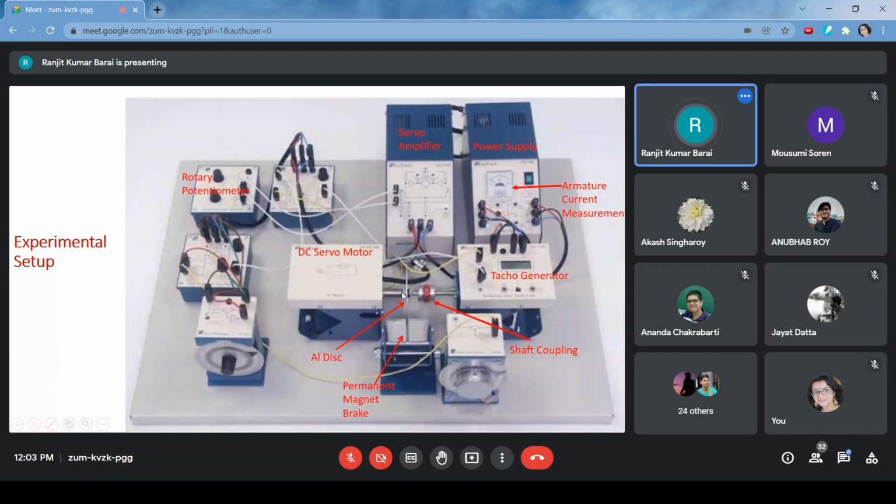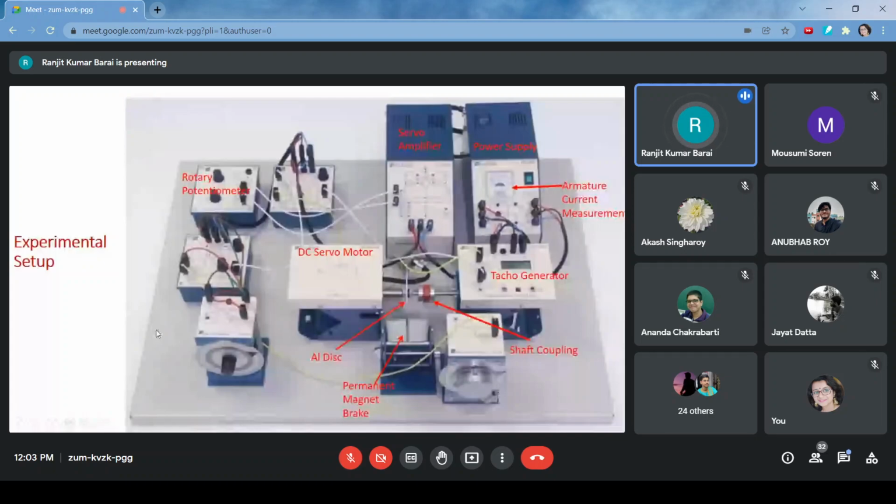And as I explained earlier, in position control mode, we take one input potentiometer and another output potentiometer. The output potentiometer is coupled to the shaft by some reduction gear arrangement over here. And here it is also calibrated. You can see the reading.